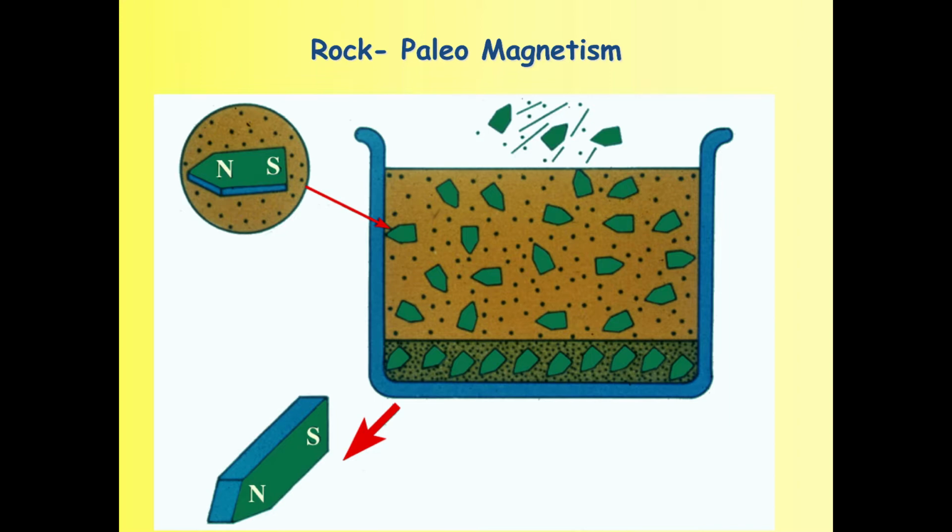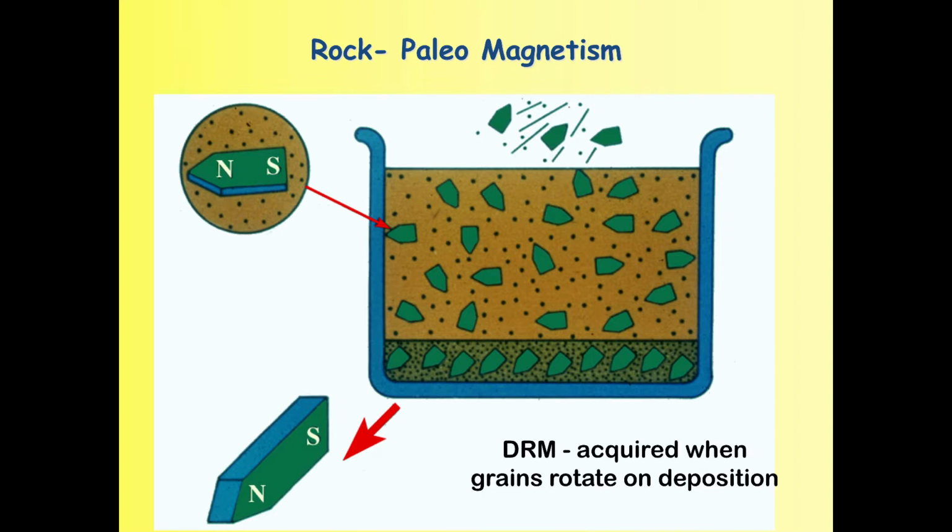But as I mentioned, that's a little bit difficult to imagine sometimes, particularly as the grain actually hits the sediment interface. It could easily roll. And so there's a batch of people that say, well, it doesn't get set in until the sediment solidifies. And during that period, just a little bit of jiggling will allow the grains to rotate in the subsurface and thus become aligned with the magnetic field.